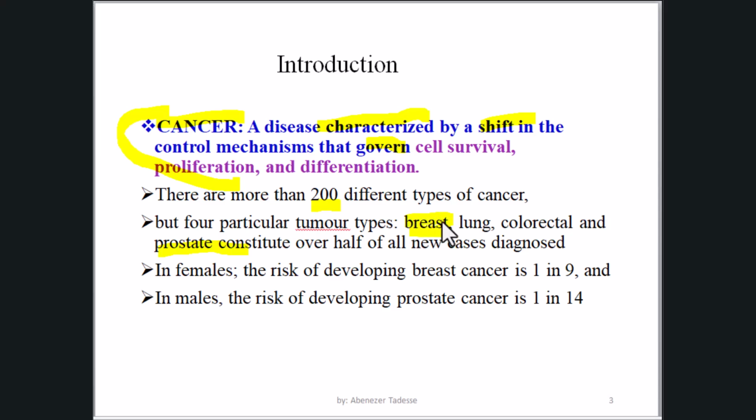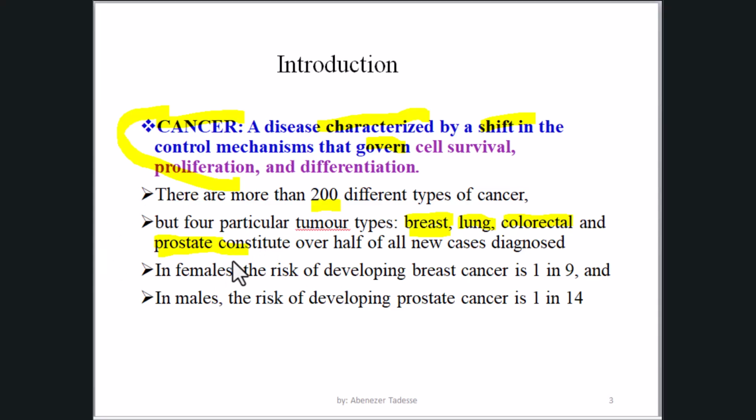Lung cancer is associated with tobacco smoking, and colorectal cancer is mostly related to dietary factors. The other one is prostate cancer, especially associated with androgen hormone, and more prevalent in people older than 50 years. So these are the major 4 types of cancer.